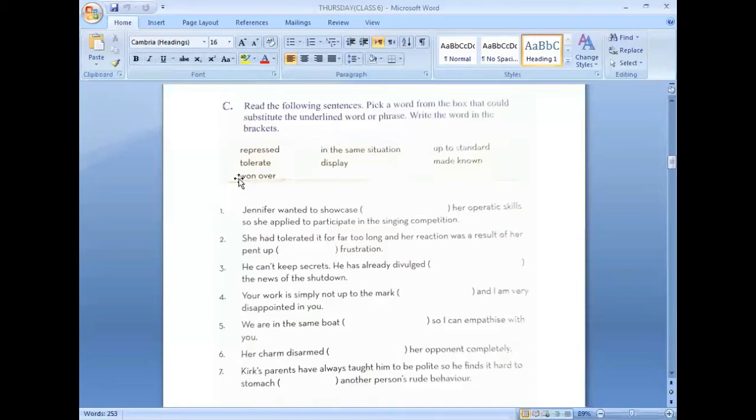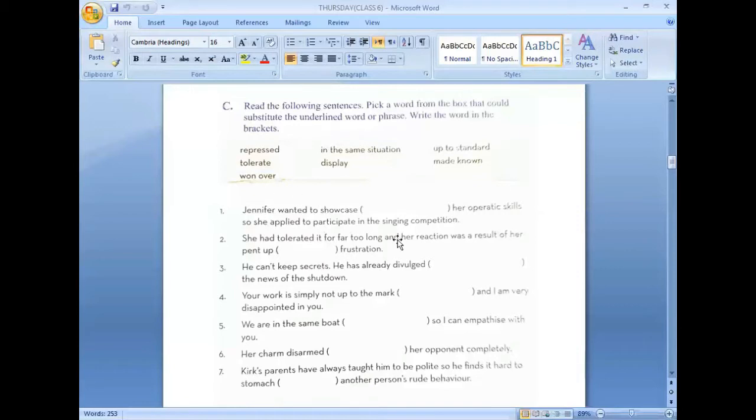So now I'll read out the first sentence. Jennifer wanted to showcase her operatic skills. So she applied to participate in the singing competition. Now what does showcase mean here? We have to substitute this word showcase with another word. Showcase here means that you are displaying something to the best effect.